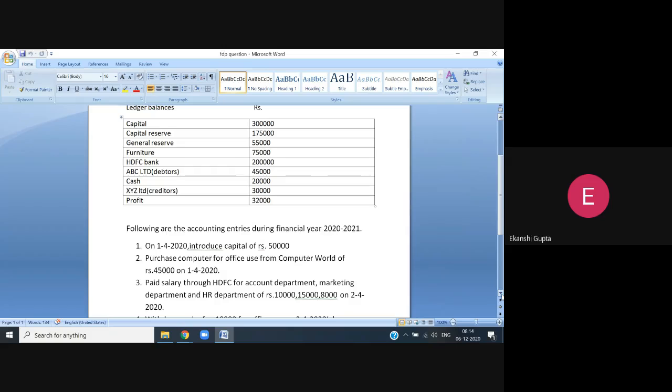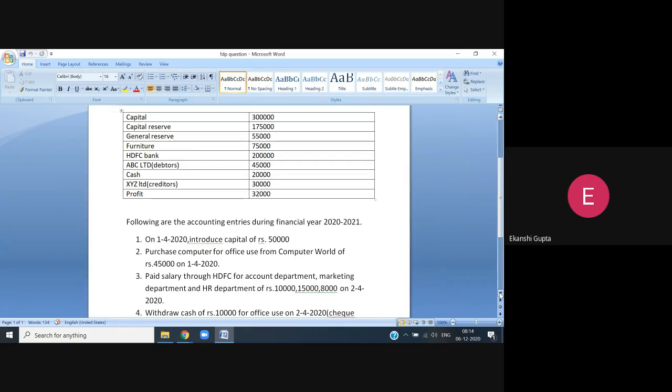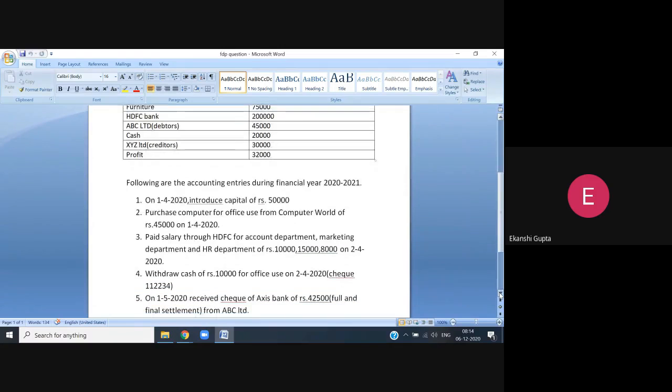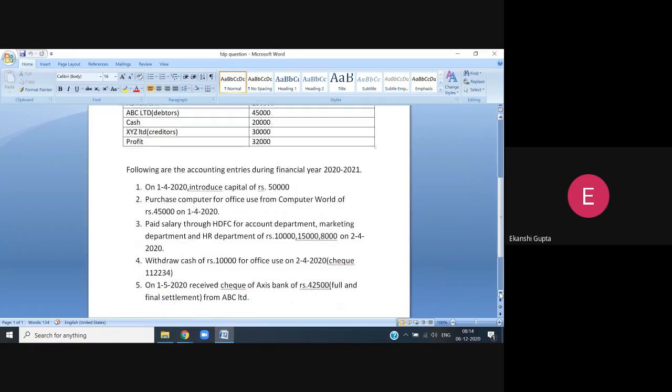Following are the accounting entries during financial year 2021. So the first entry is on 1st April 2020, introduce a capital of rupees 50,000.